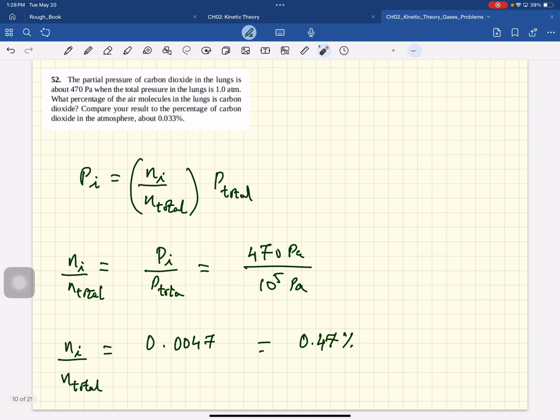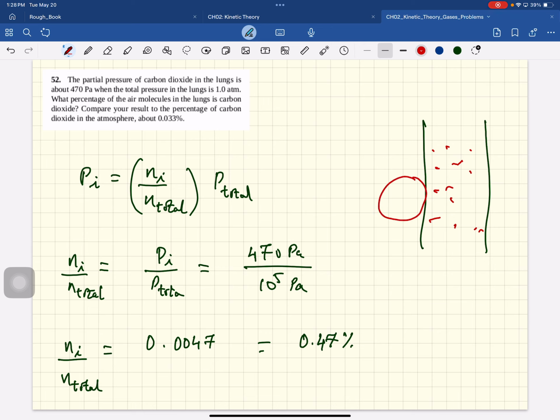And again, how does this happen? Okay, here is carbon dioxide in the capillaries. Here are your alveoli, and you saw that when you breathe in air, this was only 0.033%.